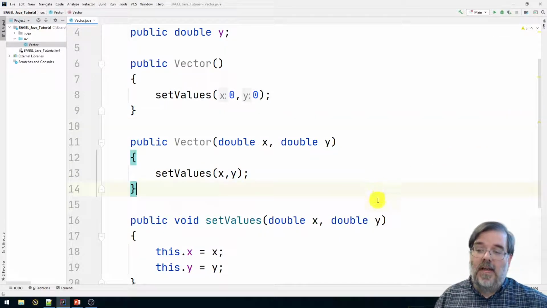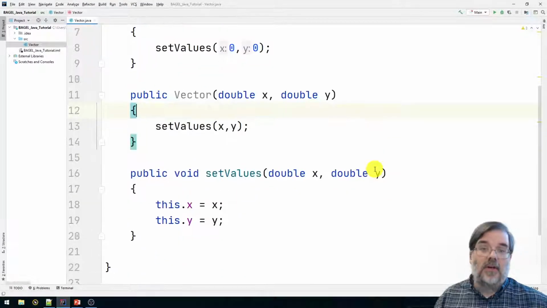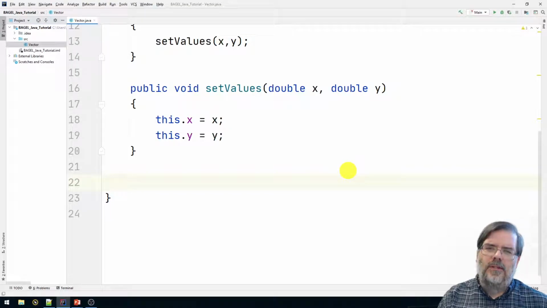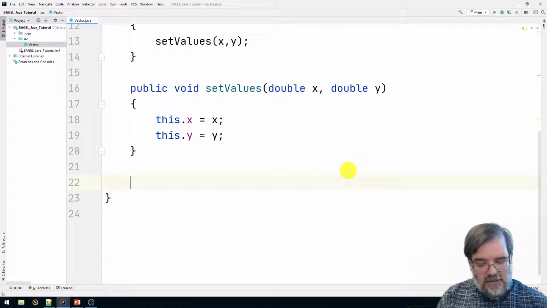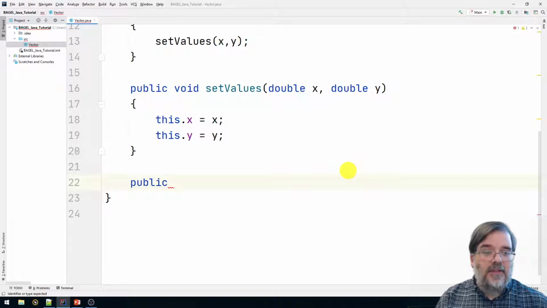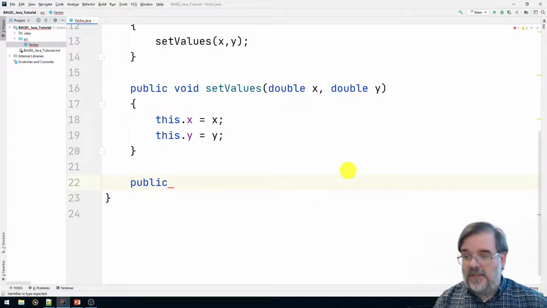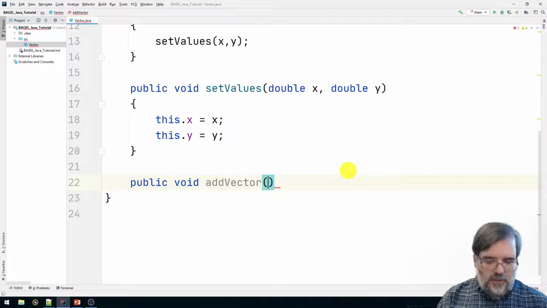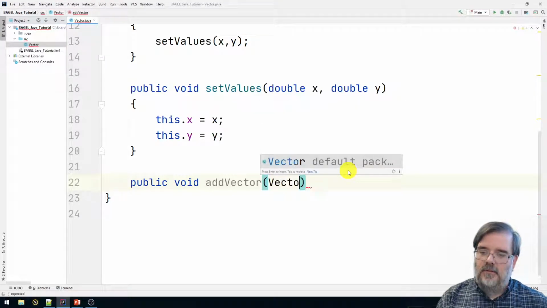Next, for combining vectors, right, if we wanted to add a vector to a point, for instance, remember vectors and points are both going to be handled by this class. We're going to have some add methods, and the add methods will change the values in this instance of the class. So let's create public void addVector, and this will take in another vector.